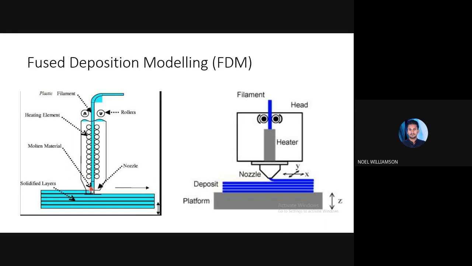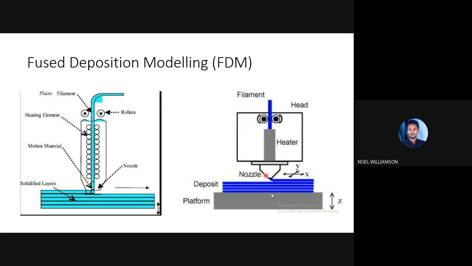Likewise, the molten material is being given. Like this, a layer is created. The first layer is created depending on the CAD data. After that, it is withdrawn and the next layer is made. For the next layer, the platform, as you can see, will be moved in the Z direction, downwards.